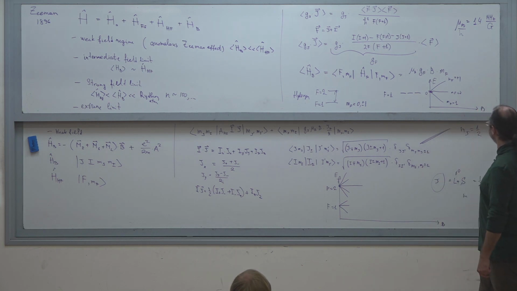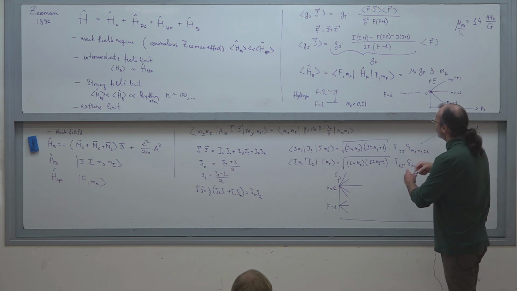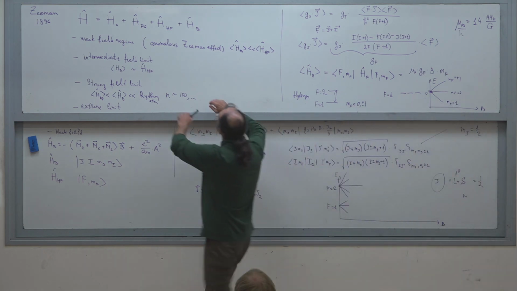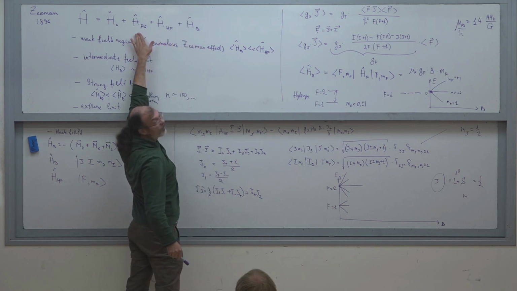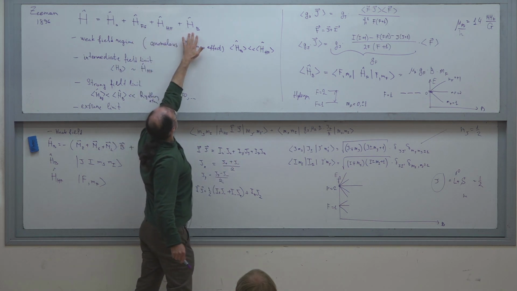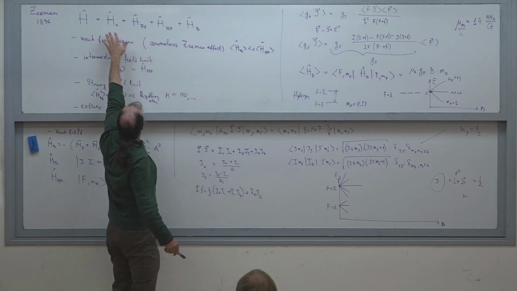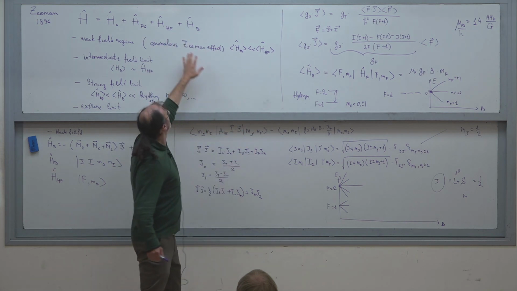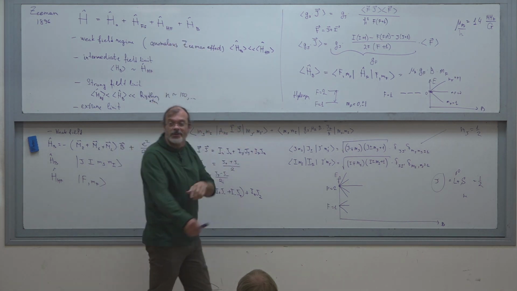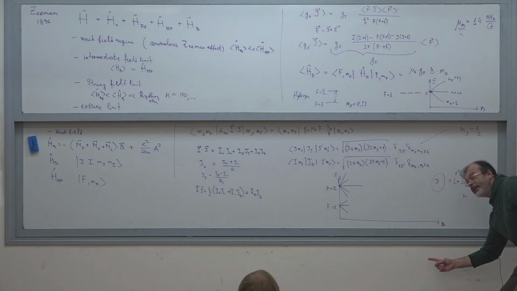Now, there are only two levels. But this is now an interesting situation, because if this part is much larger than this part, but still much smaller than this part, then I can separate between these parts and say that this is the Hamiltonian which gives me the energy levels, and this is a small perturbation. So these are the energy levels that I get, this one and that one.